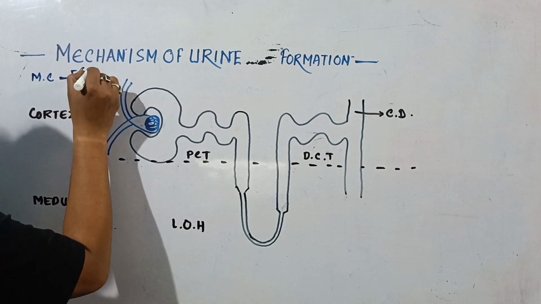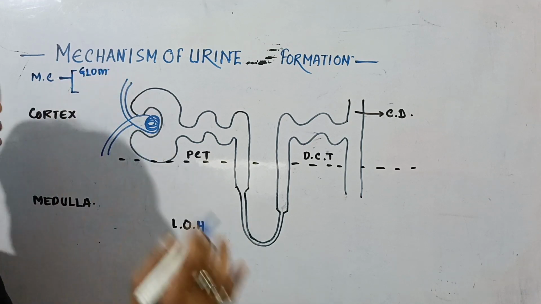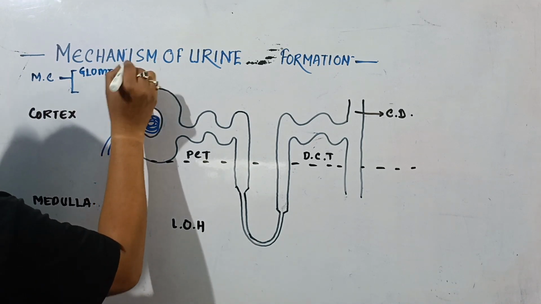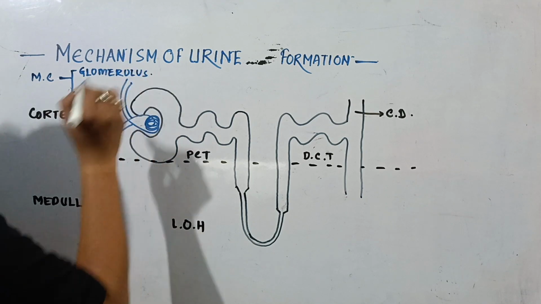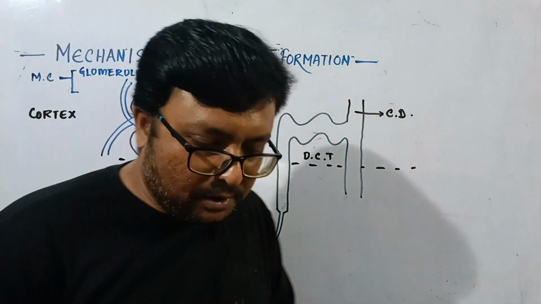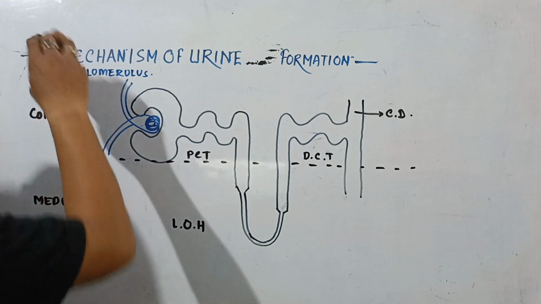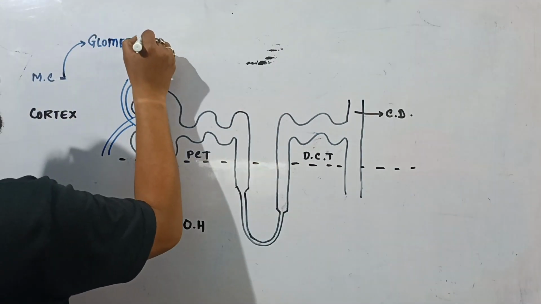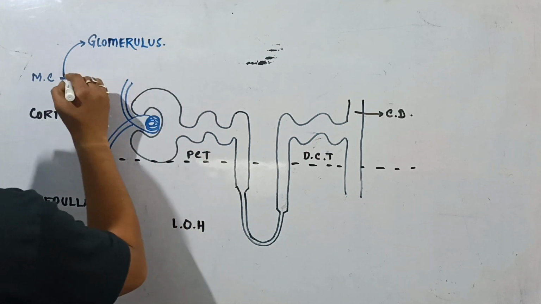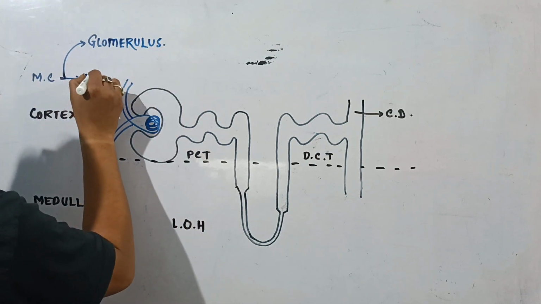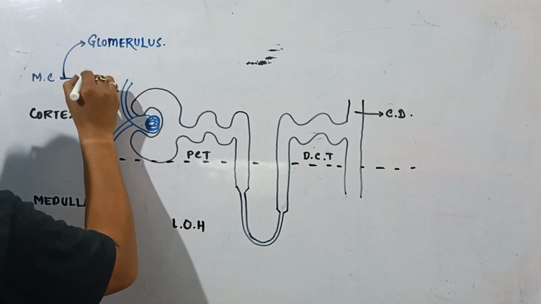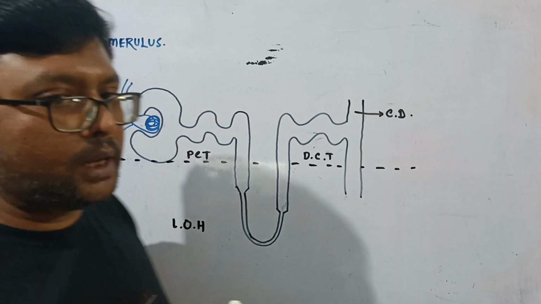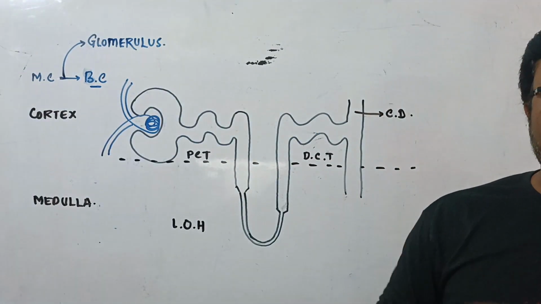One is the glomerulus, which is a network of capillaries through which blood flows. The other is the Bowman's capsule, which I have written in short as B.C.